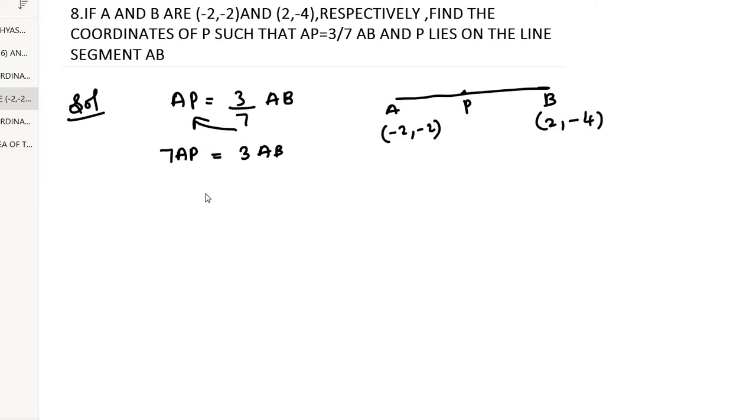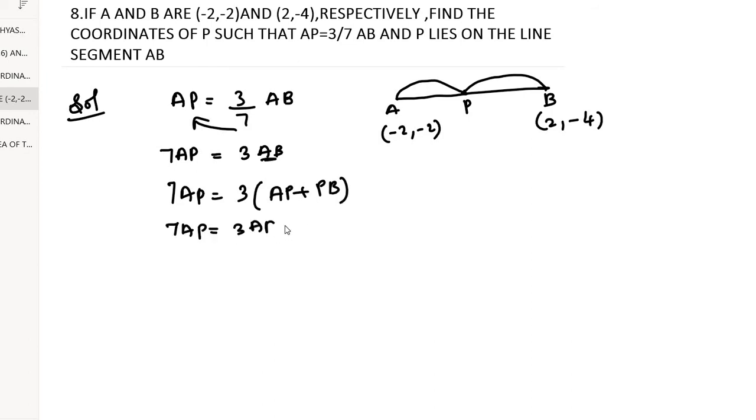Okay, so let us find the ratio for that. I can write 7AP, and instead of AB, I can write AP plus PB. So I'll be getting 7AP is equal to 3AP plus 3PB. So 7AP minus 3AP is equal to 3PB.